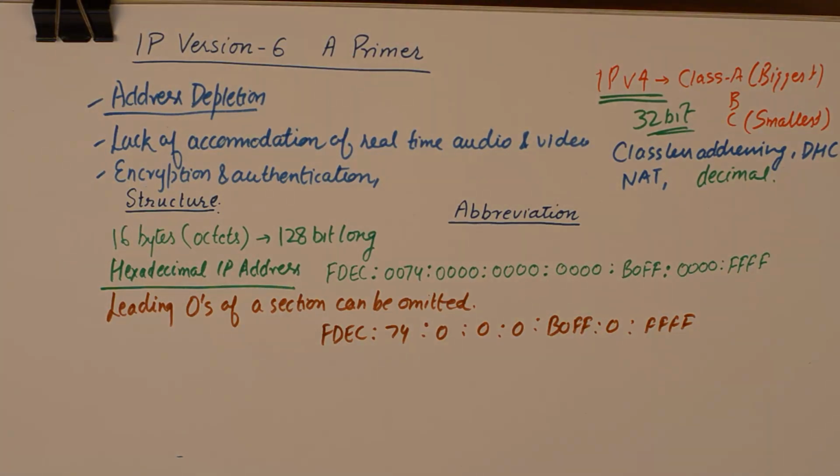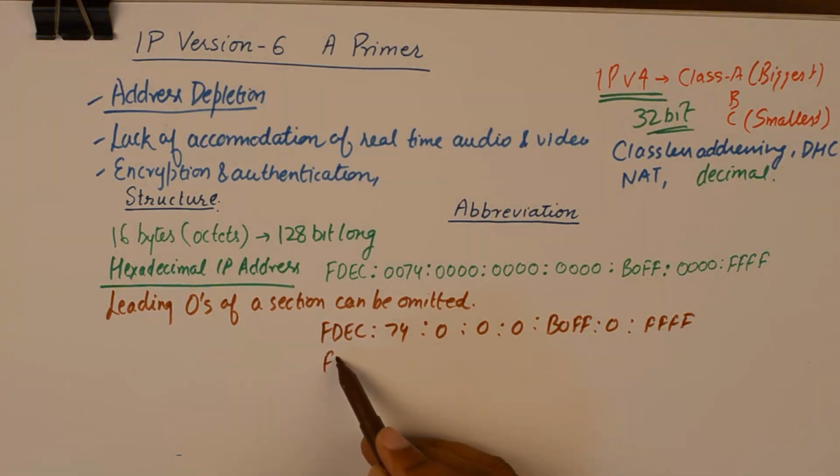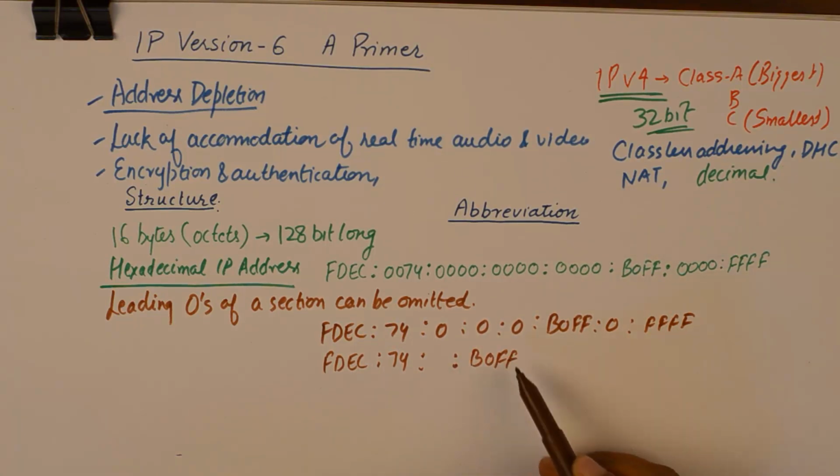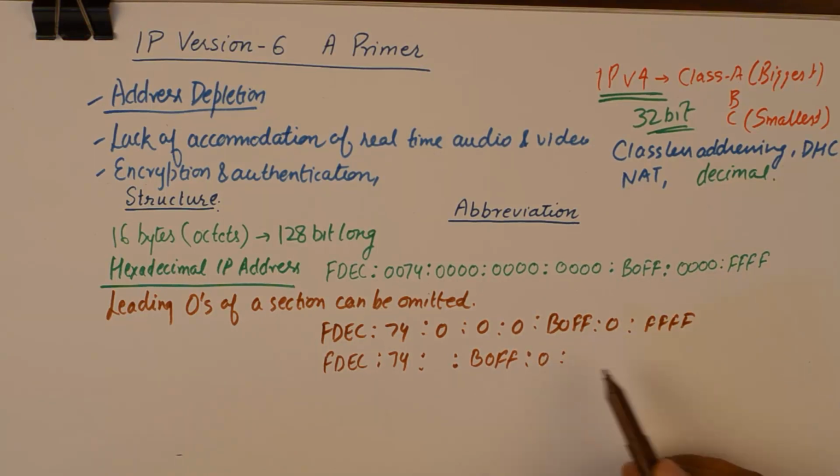Now the second rule says that if you have consecutive zeros between the colons, that can be replaced further like this. So that makes the address a little shorter and easier to be used as an identifier if you wish to give it to your friend or somebody else.